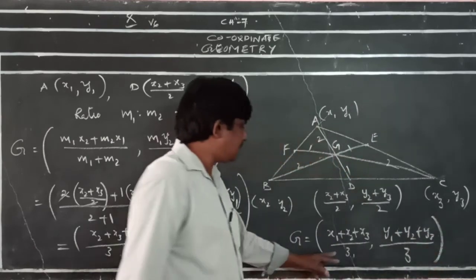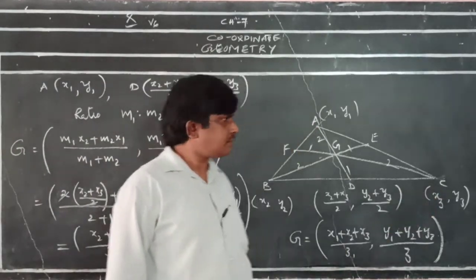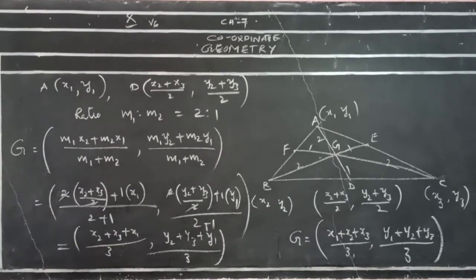So this is the centroid of a triangle when 3 vertices are given. So x1 y1, x2 y2, x3 y3 are the 3 vertices. Then the centroid of triangle ABC is equal to x1 plus x2 plus x3 by 3, comma, y1 plus y2 plus y3 by 3. So this is the formula for the centroid.